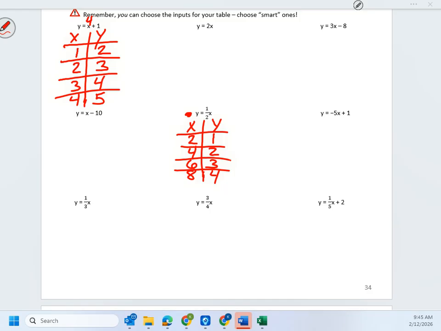So, if we put a 1 in for the X, you just do the math. The 3 in front of the X, what operation is that? Matt? Multiplication. So we know how to do order of operations, right?